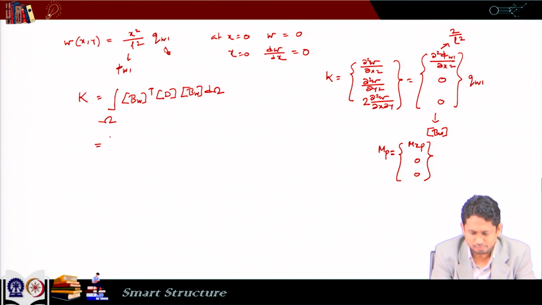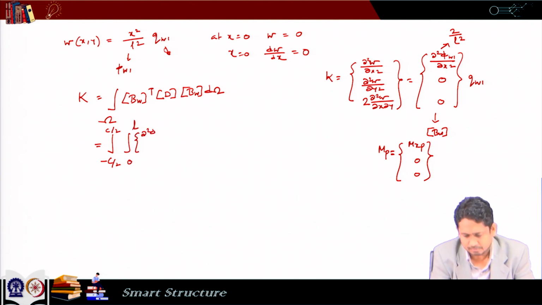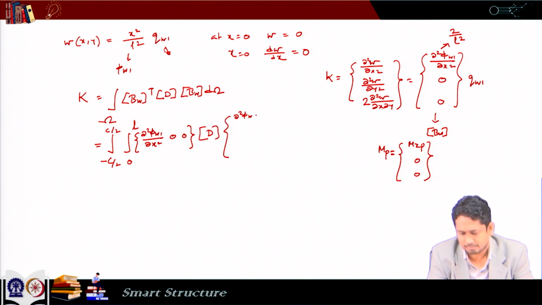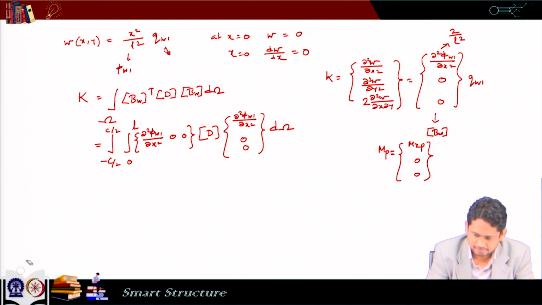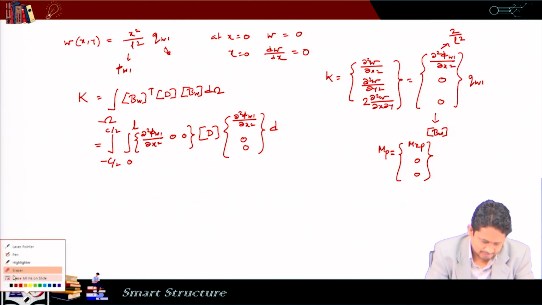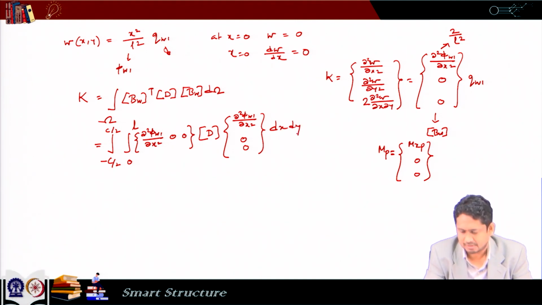So, finally, if we put everything in this expression, this becomes an integral over x and y, 0 0, and then we have D matrix here, and here we have 0 0, and let us write this as an integral over x and y.